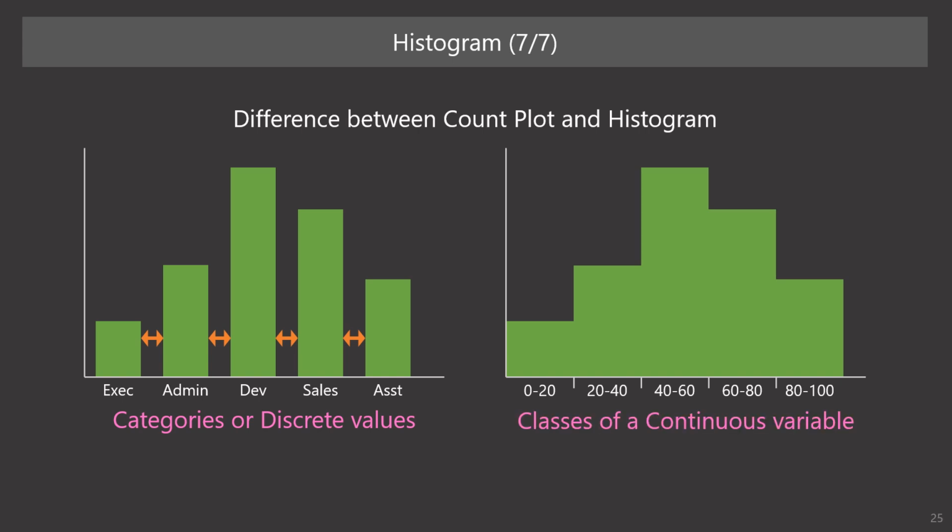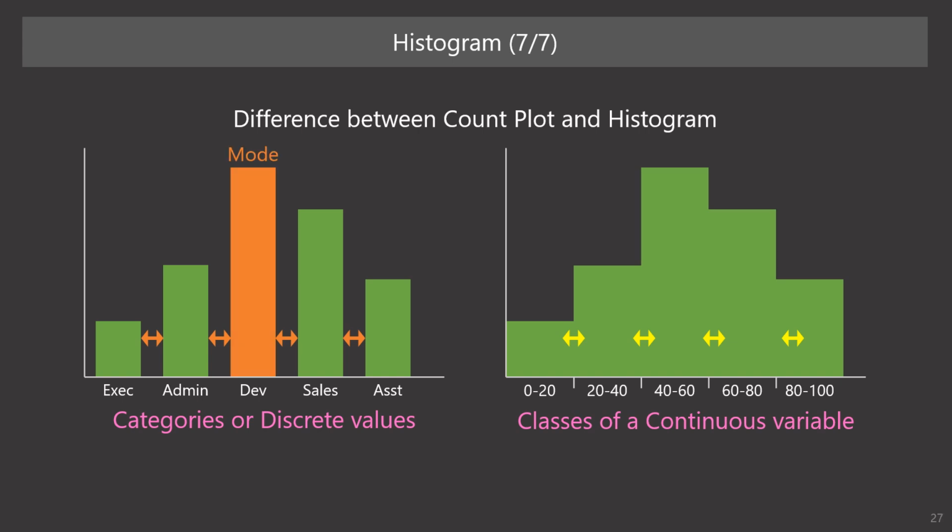On the other hand, since a histogram visualizes a continuous variable, its horizontal axis represents a continuous scale. So, each bin is created for each class, not for a specific value. So, the bins are in contact with each other.